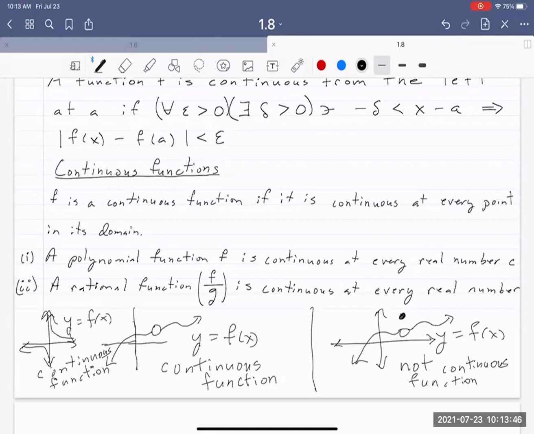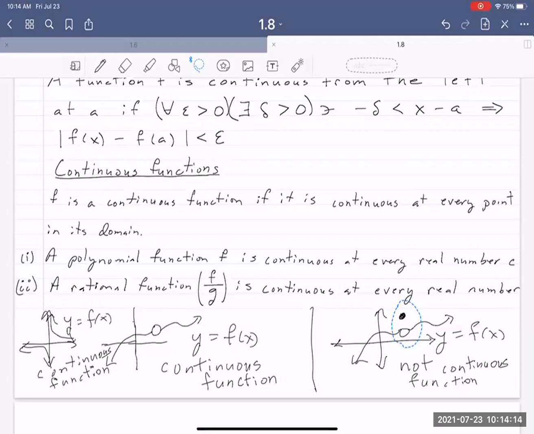So I'm sort of blind to the fact that there is this discontinuity here at 0, because 0 is not in the domain. I disregard this discontinuity again because it's not in the domain. I do look at this because this is in the domain.